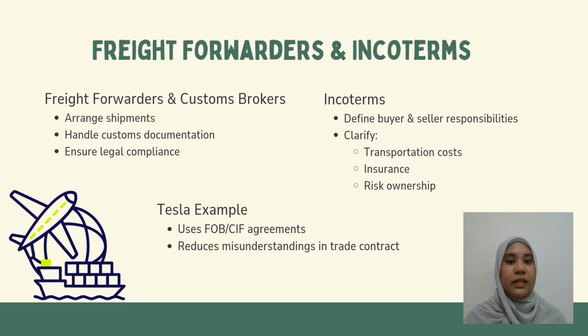And then to clarify, like I said earlier, regarding the transportation cost, insurance, and also risk of ownership. For the Tesla example, it uses FOB and CIF agreements in its export and import.